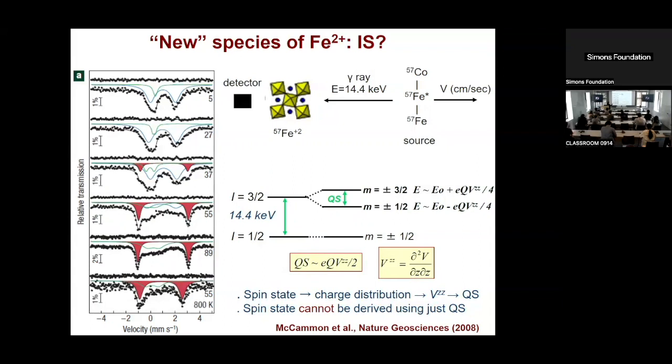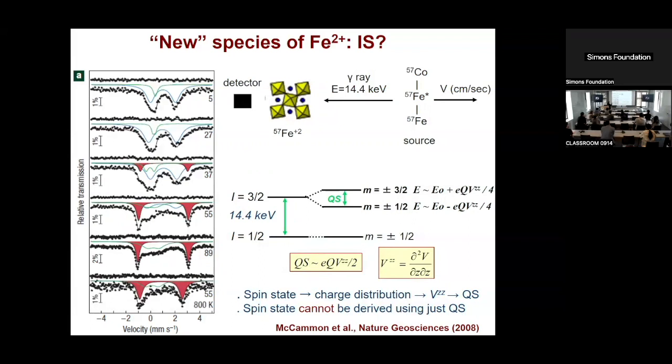But if you have a different chemical environment, there is a quadrupole splitting of nuclear energy levels, and you have to shift the sample back and forth to adjust the frequency of this gamma ray by Doppler effect. So the quadrupole splittings of the absorption peaks are reported in millimeters per second, the velocity of the sample.